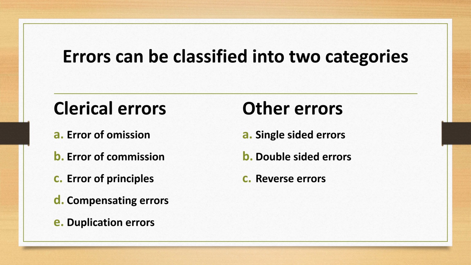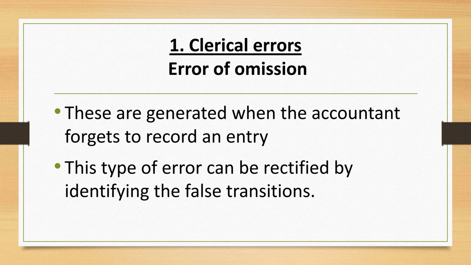Third, error of principle. Fourth, compensating errors. Fifth, duplication errors. On the other hand, other errors are further divided into three important categories. Number 1, single-sided errors. Number 2, double-sided errors. Number 3, reverse errors.